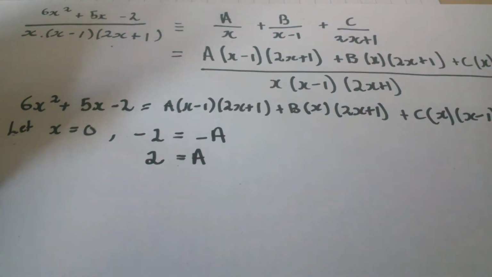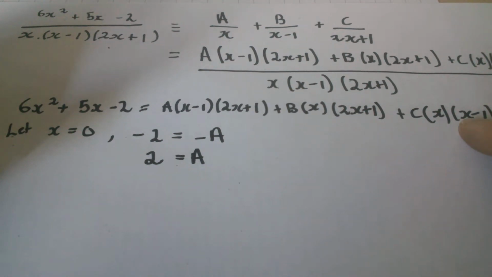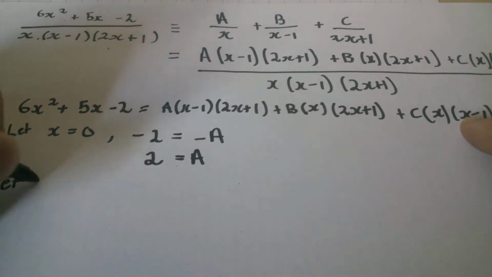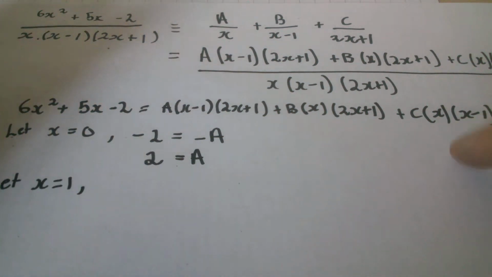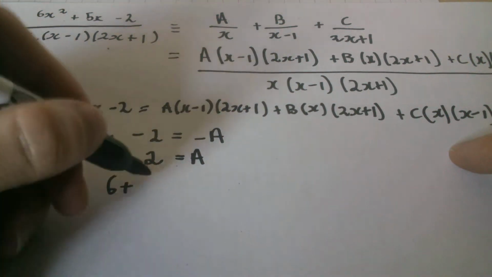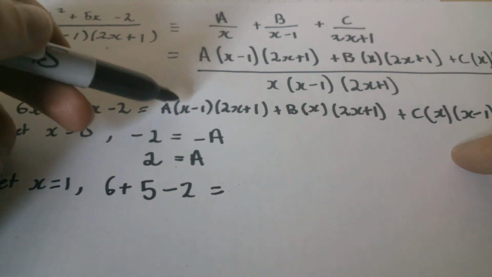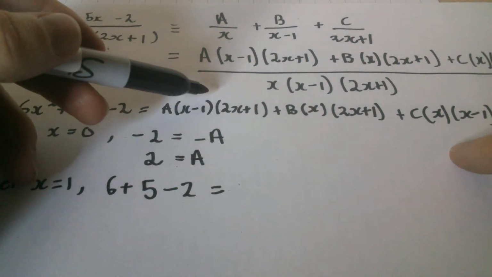Alright, so now the other obvious one is letting x equal 1. So we're going to let x equal 1. And 6 times 1 squared is just 6, plus 5 times 1 is just 5, minus 2. 1 minus 1 is 0, so this whole component goes away.